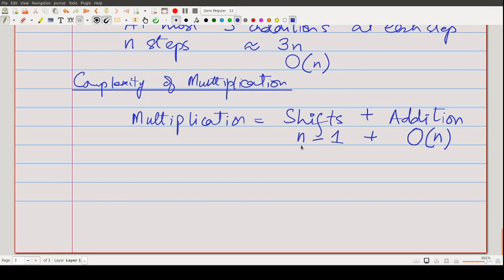If the shifting is linear and addition is also linear, therefore multiplication is also going to be a linear process. So both addition and the multiplication algorithm are linear in nature.